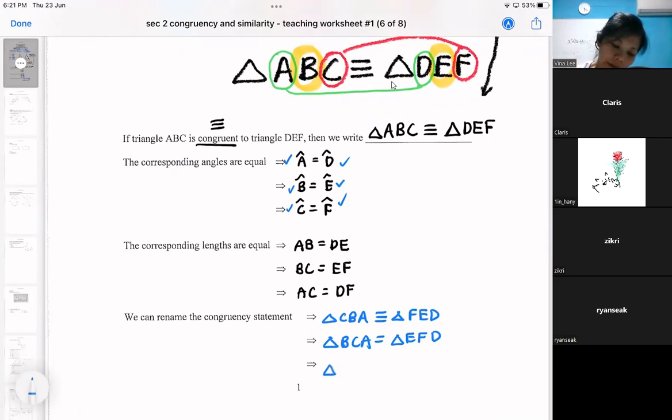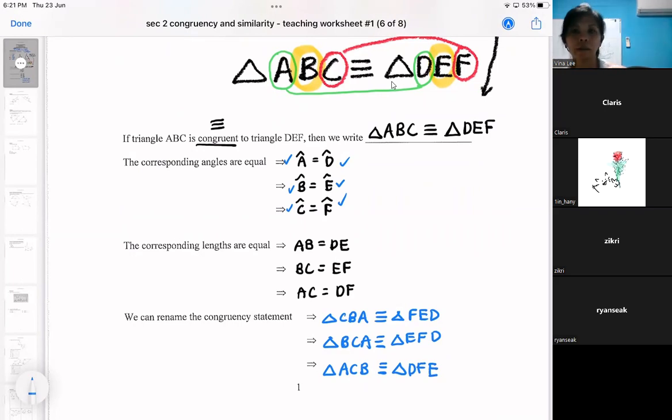Or I can have ACB, triple line, and then DFE. But I need to make sure that they still match.